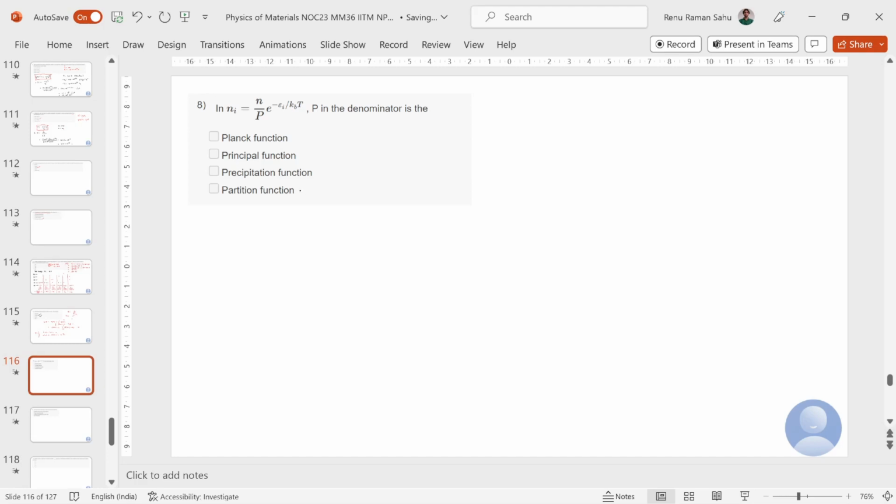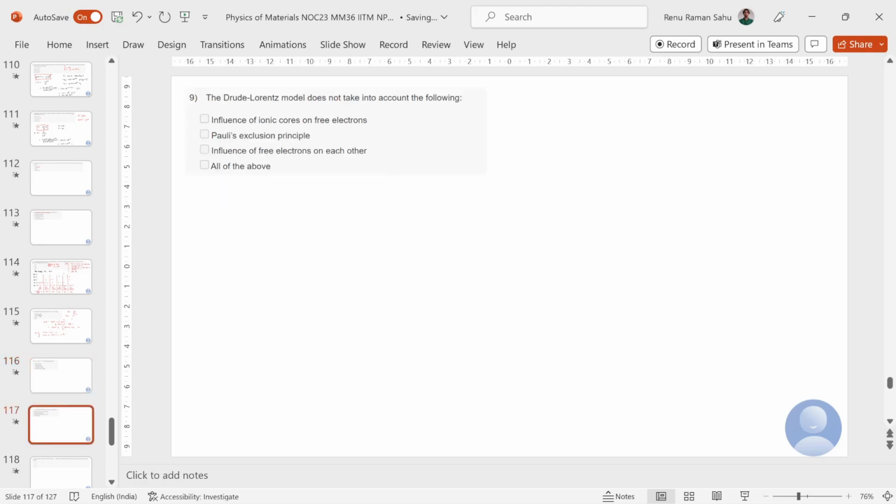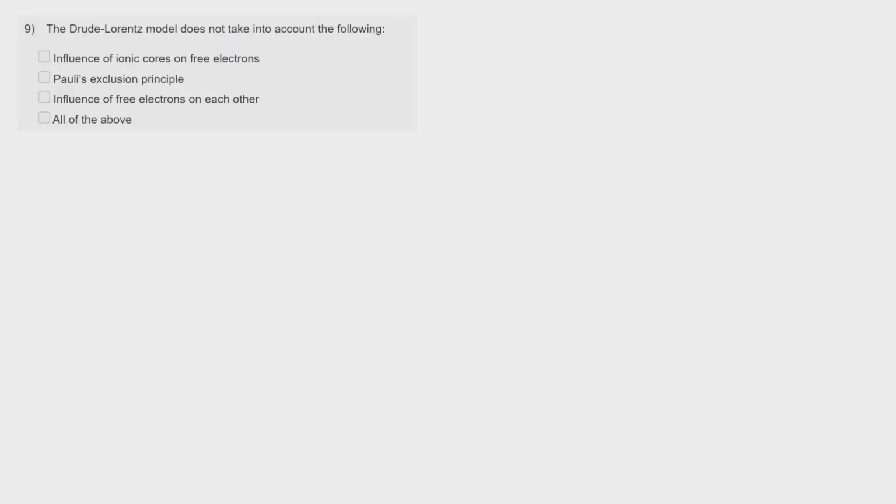Partition function, right? Yes, this is the partition function. Correct. And what about this, if you have studied last week?